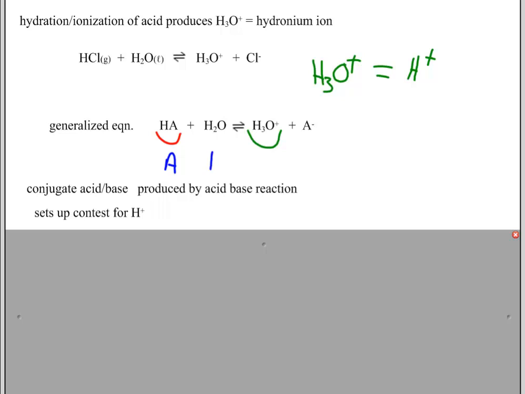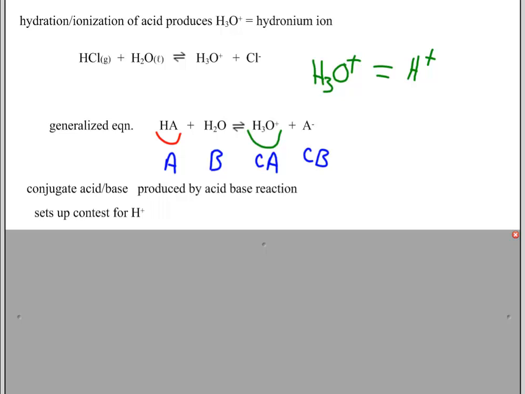Water then becomes our base by this definition because it can accept that proton. In fact, it does to form the hydronium ion. So that which has accepted and joined with a hydrogen ion as a product becomes our conjugate acid.